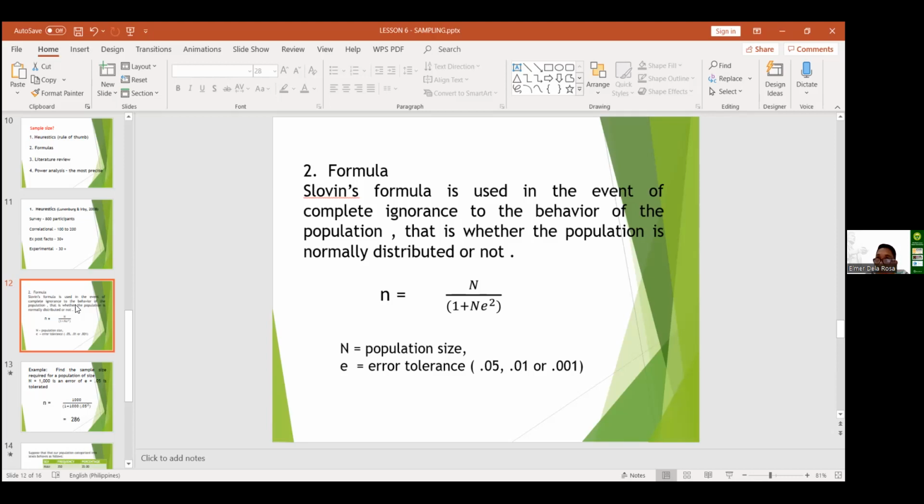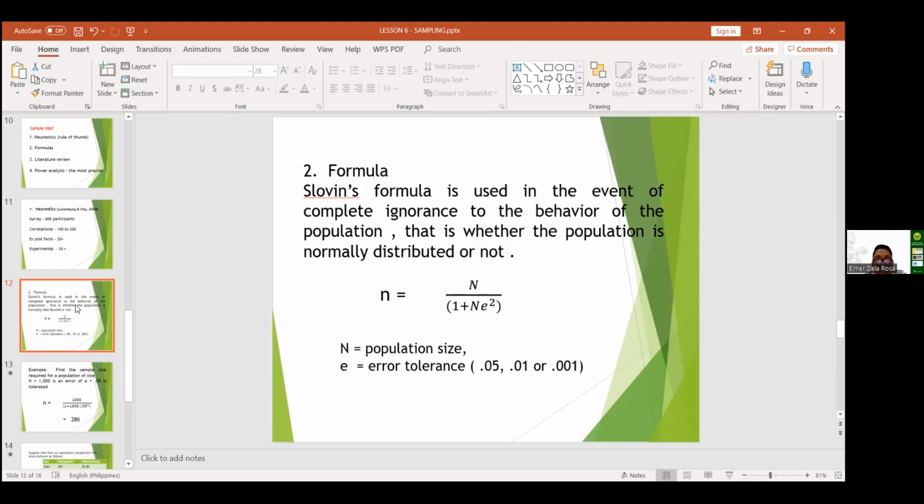In other words, you are 99% confident. Kasi 1% lang yung inallow mo for error. If it is experimental and you want it to be highly, napakaliit na ng error, then ang E mo ay 0.001. So you are 99.99 confident.